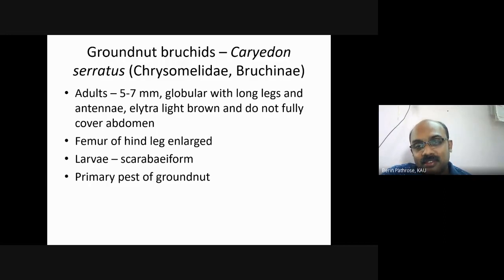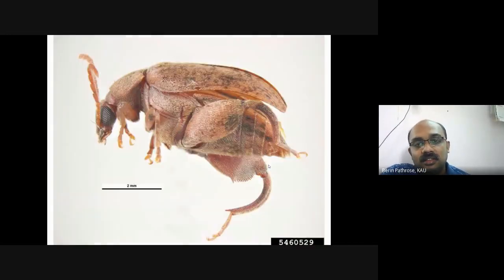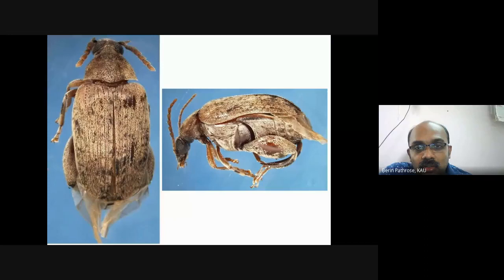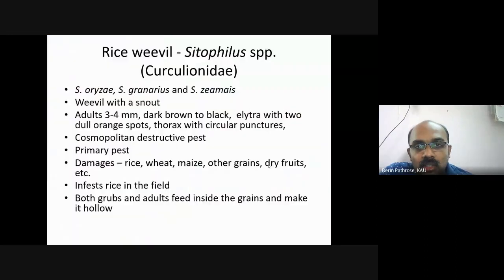If you purchase rice, especially raw rice, you can mostly see an infestation of rice weevil. This rice weevil is almost ubiquitous in nature. That's why in the slide it is written as cosmopolitan pest.